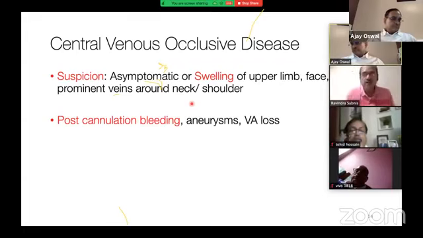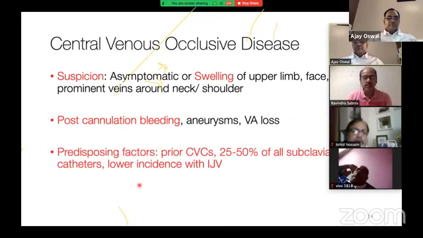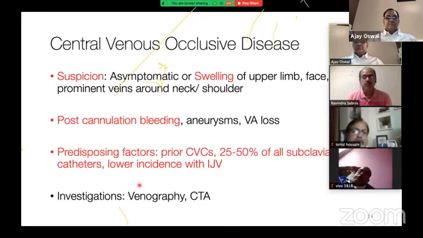A nicely working fistula, if it is gradually deteriorating and has delayed closure, delayed failure, again, you have to suspect that. And most important is persistent edema and signs of venous hypertension in the limb, in the form of edema, congestion, distal discoloration.